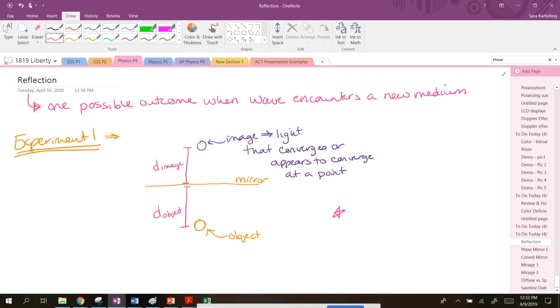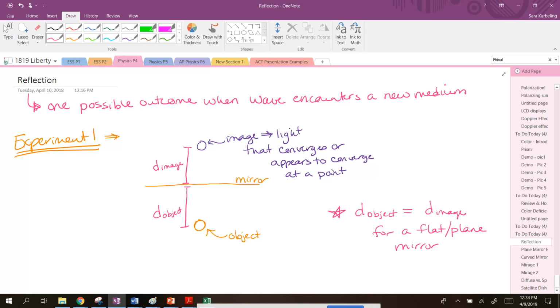And the conclusion that you came to from that experiment was that the distance for the object will be equal to the distance for the image for a flat mirror. Okay? And that's not a trivial statement. It's a little bit weird to think about.